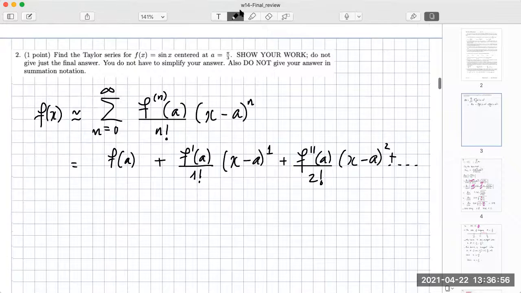Now we're given that the function f of x is the sine function, and the center a is at pi over 3.